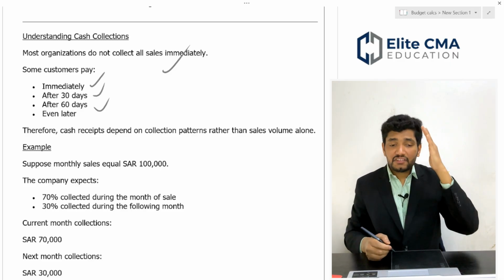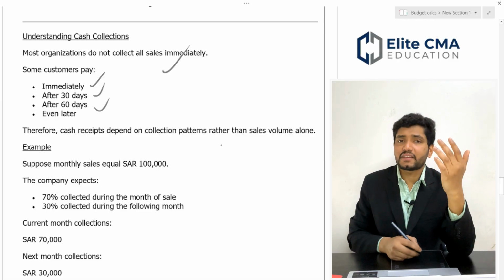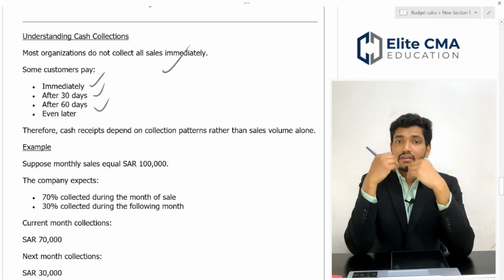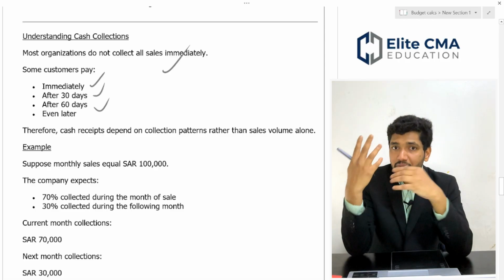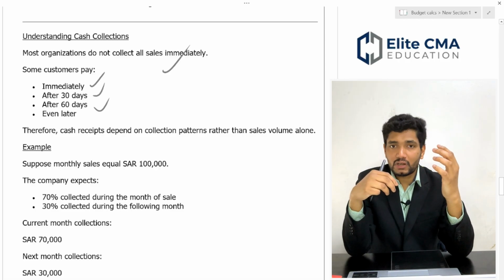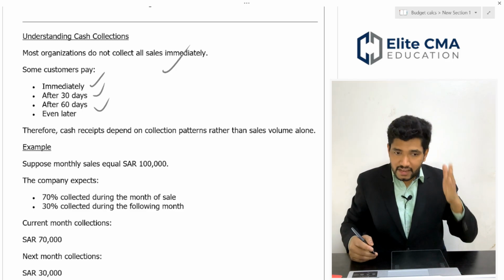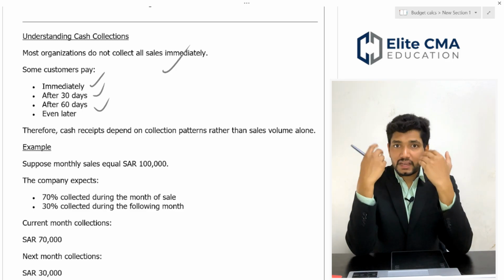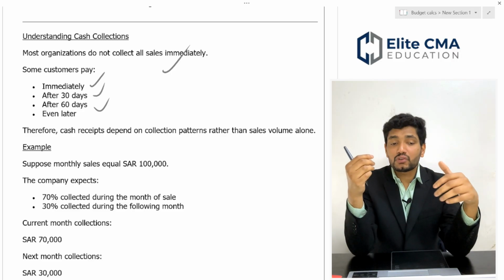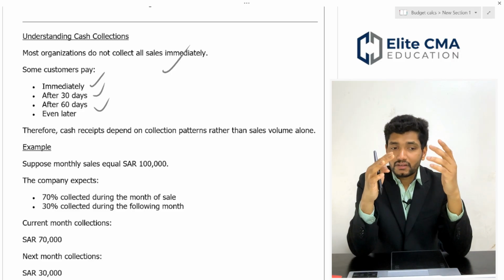Therefore, the cash receipt depends on the collection pattern rather than sales volume alone. Definitely sales volume has a big impact on the cash collection forecast, but the collection pattern also has to be considered when it comes to cash receipts.